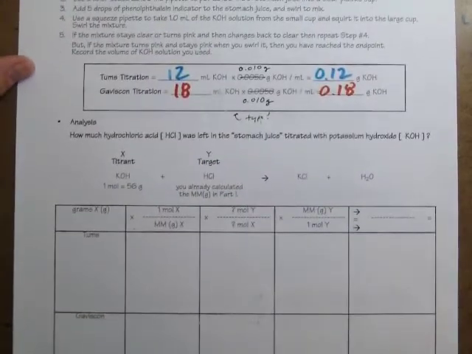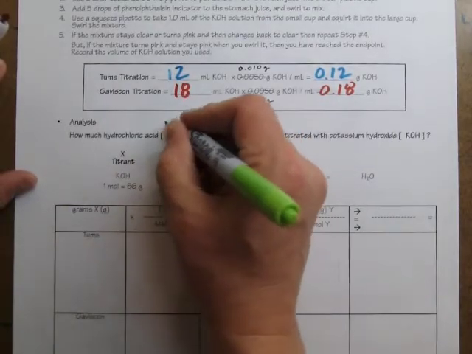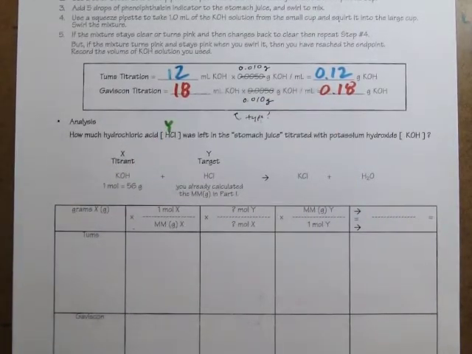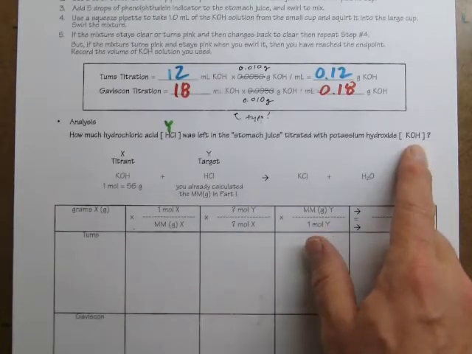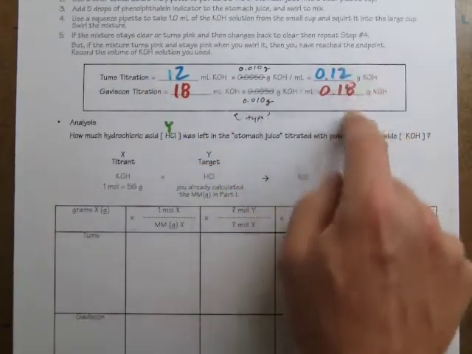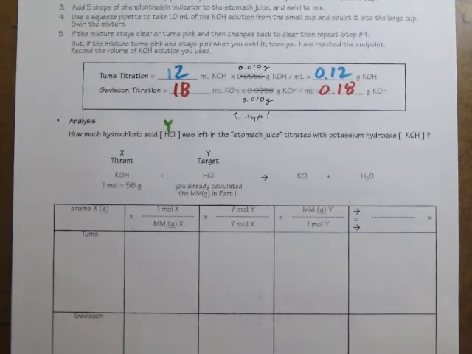So in our analysis, the thing that we're trying to find out is how much hydrochloric acid was left in the stomach juice. So that's why we're doing the problem. But what we know is how much potassium hydroxide it took to do the titration. So I'll use these numbers here to start my calculation, the grams of potassium hydroxide.